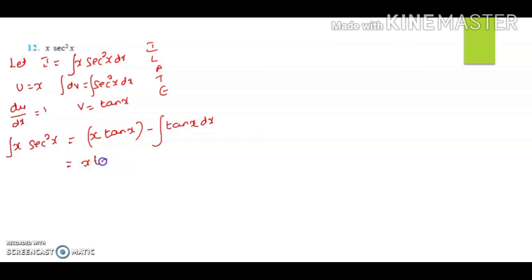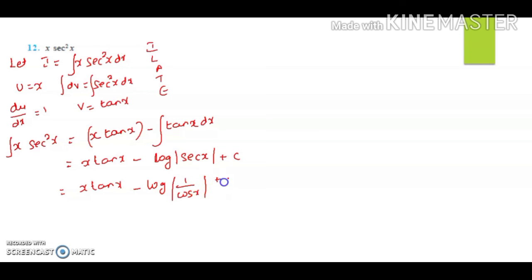So this is equal to x tan x minus, what is the integral of tan x? Integral of tan x is log modulus secant x plus c. So this is equal to x tan x minus log modulus secant x. We can write it as 1 by cos x plus c.